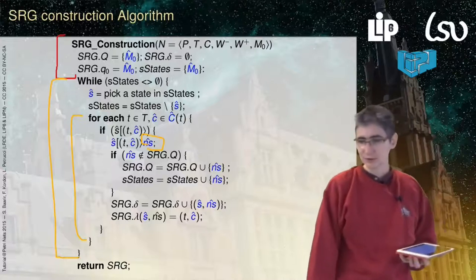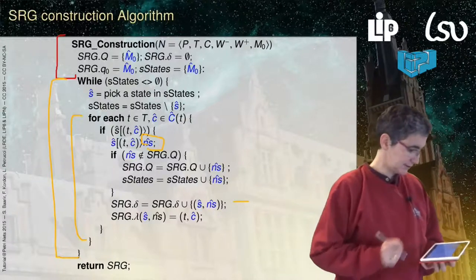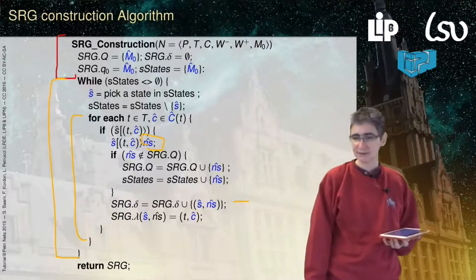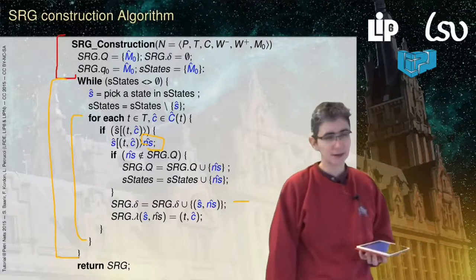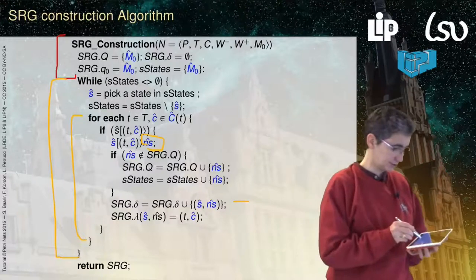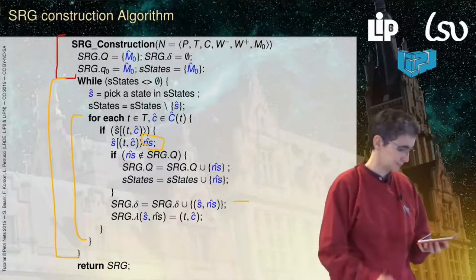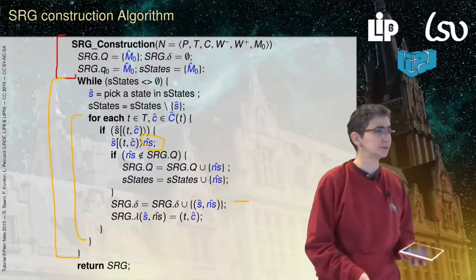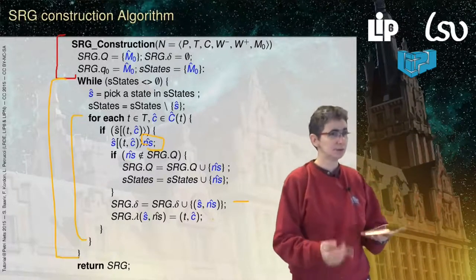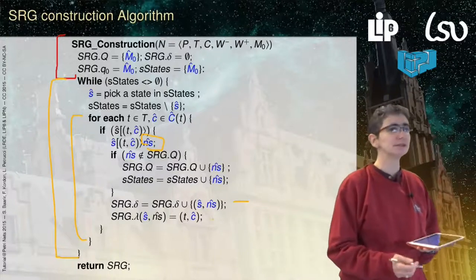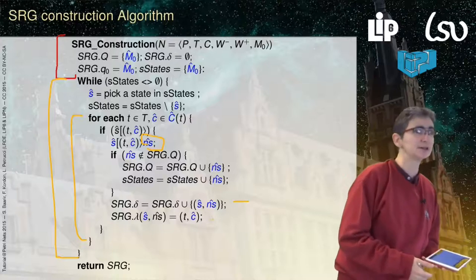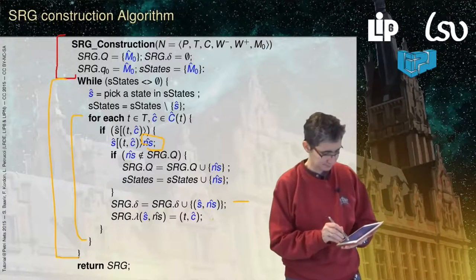And we also add the arc corresponding to the firing, from S hat to NS hat. The label is the transition together with the symbolic color set. So it's very similar to the construction of the reachability graph. You have to keep in mind that you don't manipulate normal markings and normal firings, but symbolic markings and symbolic firings.